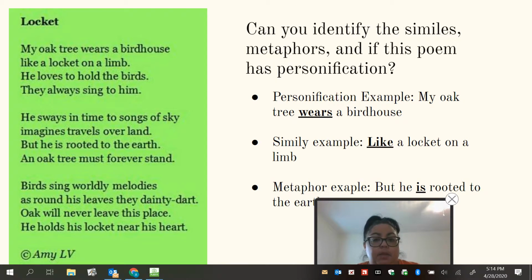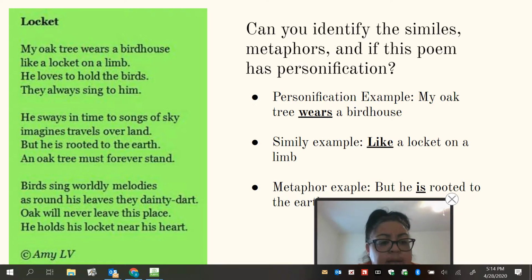So, can you identify the similes, metaphors, and if this poem has personification? The locket. My oak tree wears a birdhouse like a locket on a limb. He loves to hold the birds. They always sing to him.